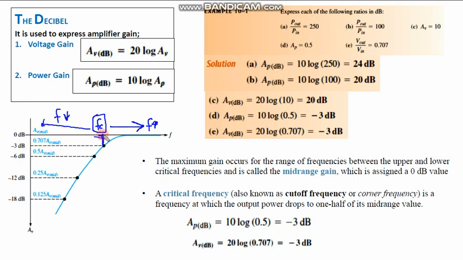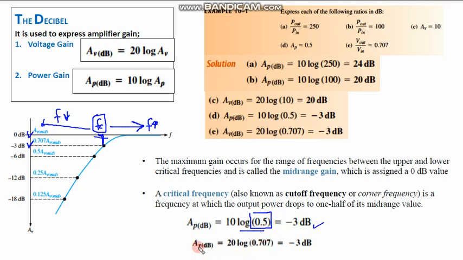Over here, if you see, it was initially 0 dB, but at the critical frequency, the voltage gain dropped by 3 dBs. So by definition, a critical frequency is the frequency where your power gain is reduced by 3 dBs, and this corresponds to 0.5. The ratio is 0.5.